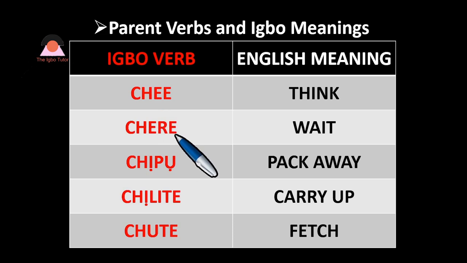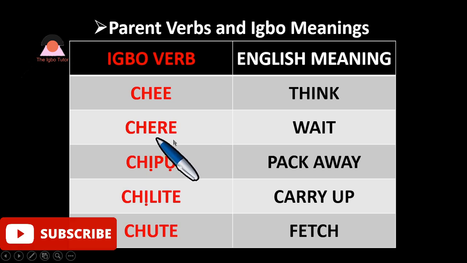But in this case, for wait, it goes with high tone, Chere, low, high actually. But if it's the past tense of think, which is thought, it becomes Chere, low. But in this case, it's Chere, low, high. So we have gotten the next verb we're dealing with now, which is Chere, wait.